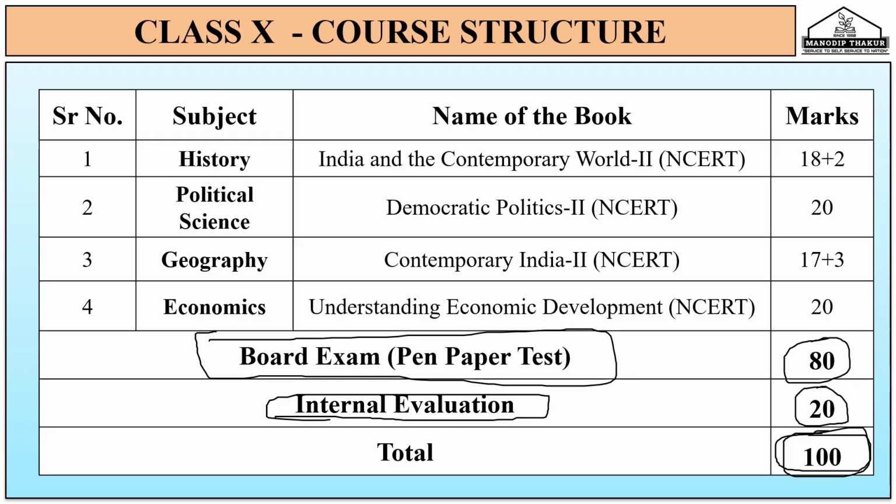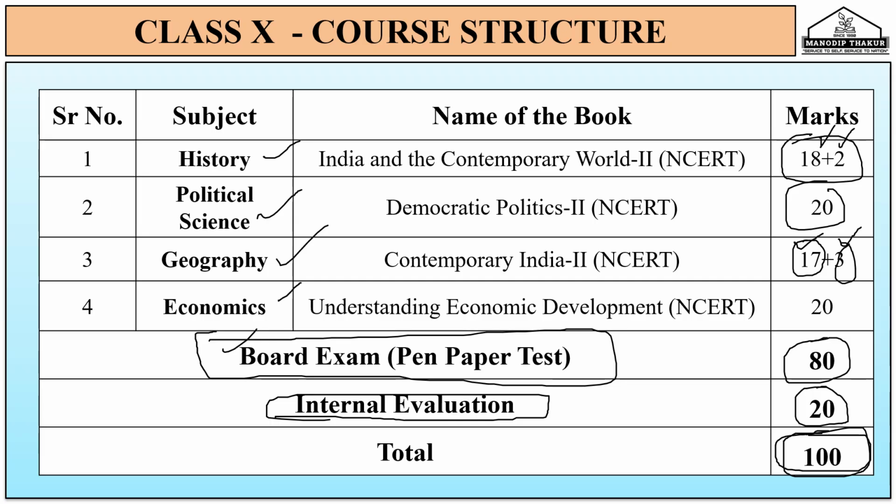In these 100 marks, the 80 marks, that is the board exam pen and paper test, will be divided as follows. History: 18 plus 2 marks, where 18 is the theory part and 2 marks are for map work. Political science: 20 marks. Geography: 17 plus 3, where 3 is for map work and 17 is for theory.